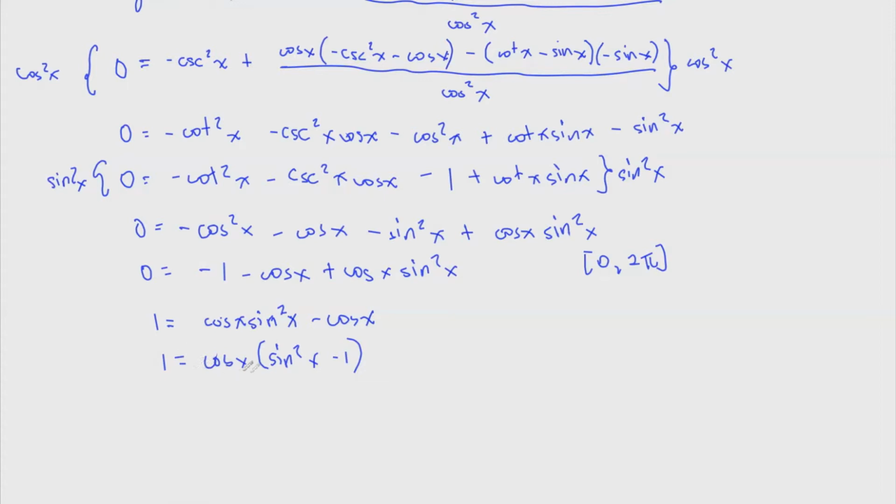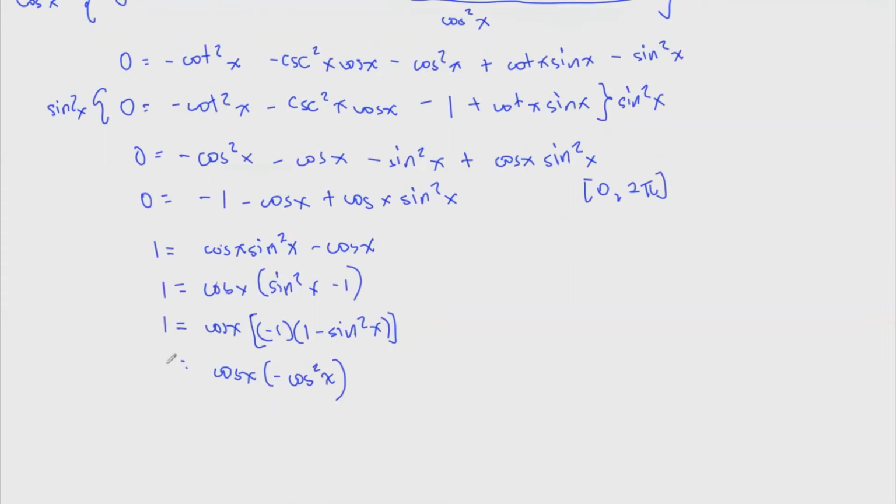And remember, sine squared x minus 1, we can actually have this as something like 1 is equal to cosine of x times negative 1, and then 1 minus sine squared x, which makes this equal to cosine of x times negative cosine squared x.